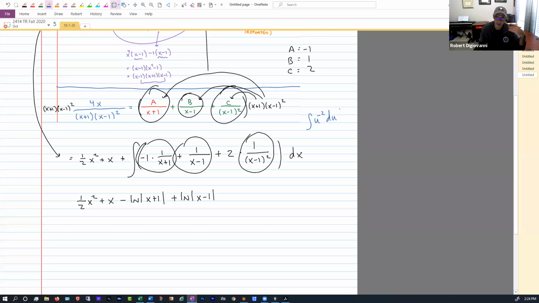It's like 1 over u squared, which is u to the -2, and the antiderivative becomes -u to the -1. So we have -2 times (x minus 1) to the -1, plus C. There it is. Knocked it out.